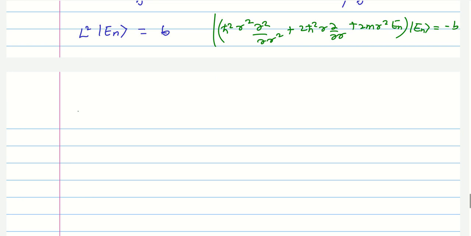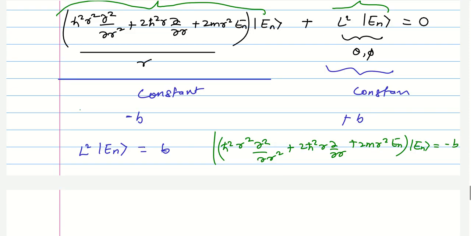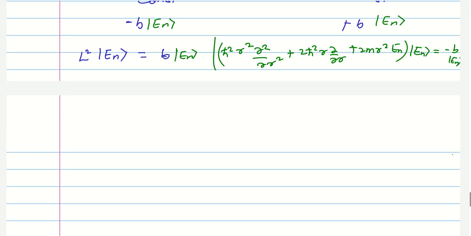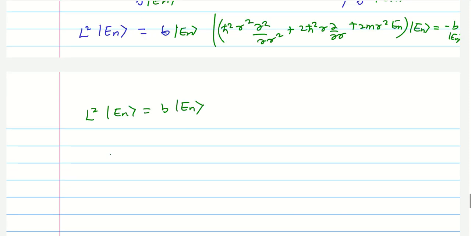Now thing to notice here, sorry, we have to say this. So we are getting two eigenvalue equations. One is from L square, which is this one, and another from this operator.